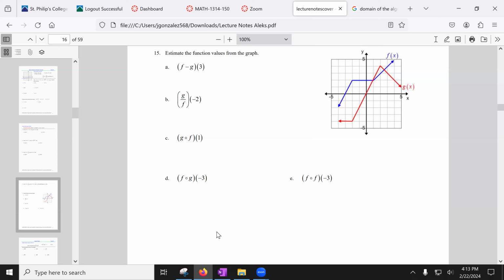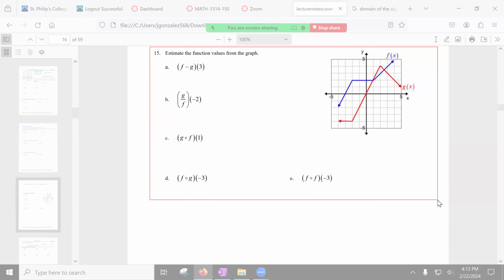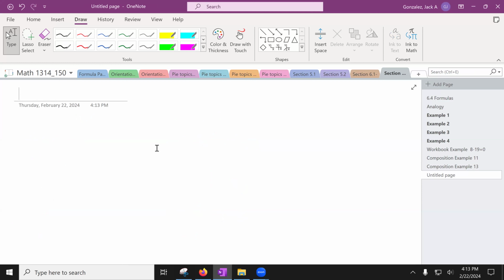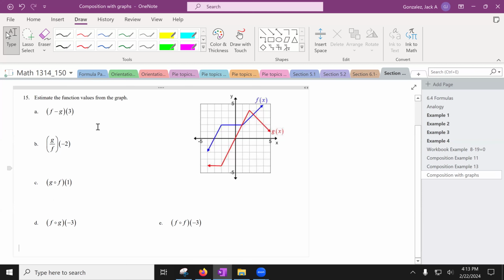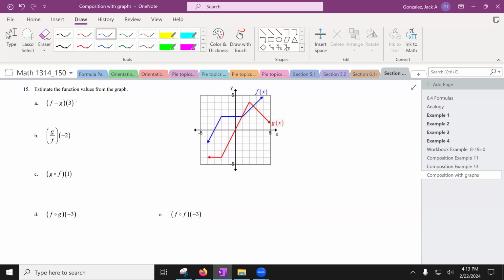So we said F is the blue, G is red. Remember we said this is F of 3 minus G of 3.